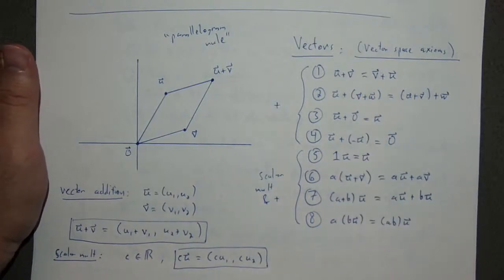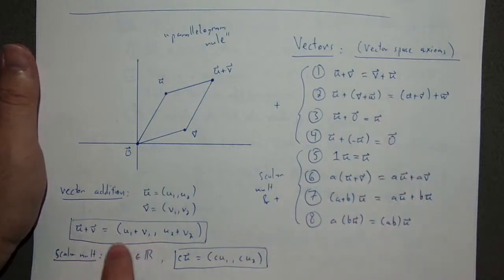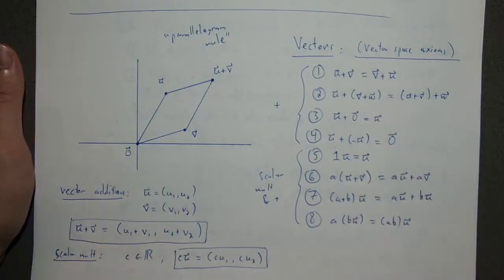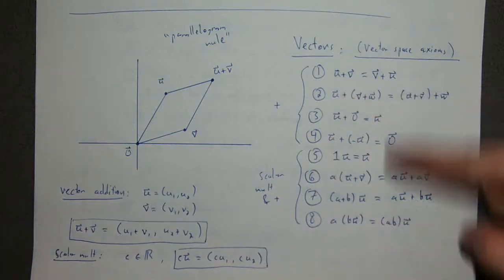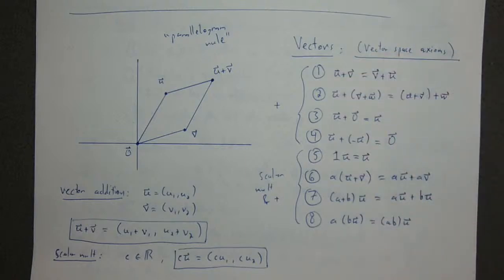So in each slot I have this sum. So reversing u plus v, making that v plus u, I'm reversing the order of addition in each slot. But since addition is commutative in the reals, it's commutative in each slot, and so vector sum is commutative. That's how a lot of these are going to go. In fact, all of these properties are inherited from the corresponding properties of the reals.